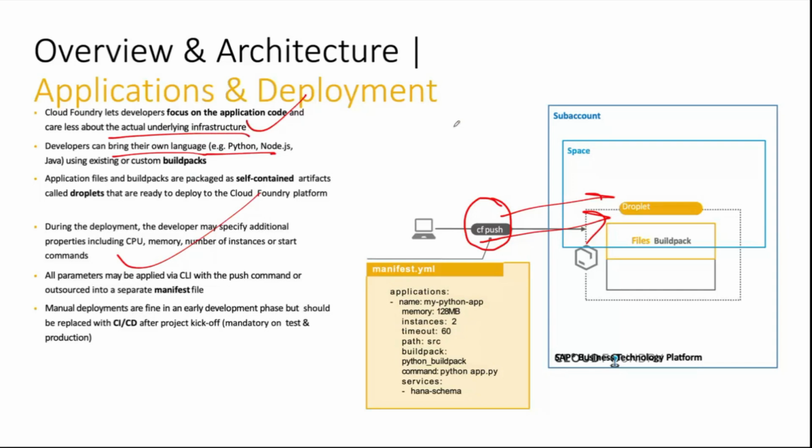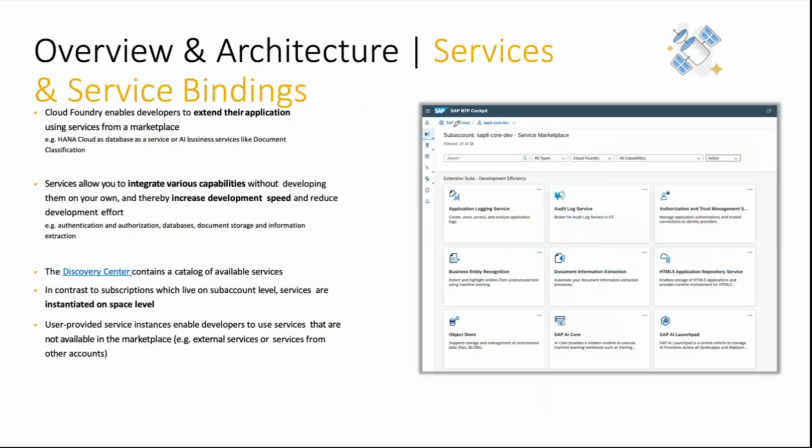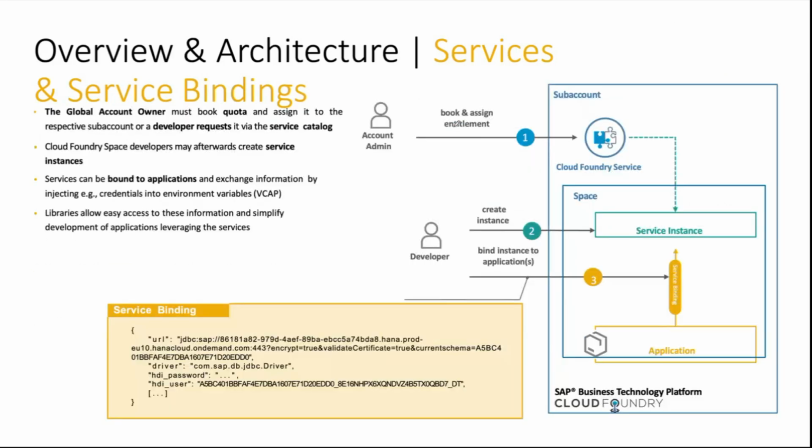You deploy your application without worrying about the infrastructure. I've already shown you the discovery center, where you can see all those different applications and services. And this is one of the service bindings, which I already showed you how to create. Basically, you can bind your application to multiple services. Once a developer creates a service, these services can be bound to multiple applications.